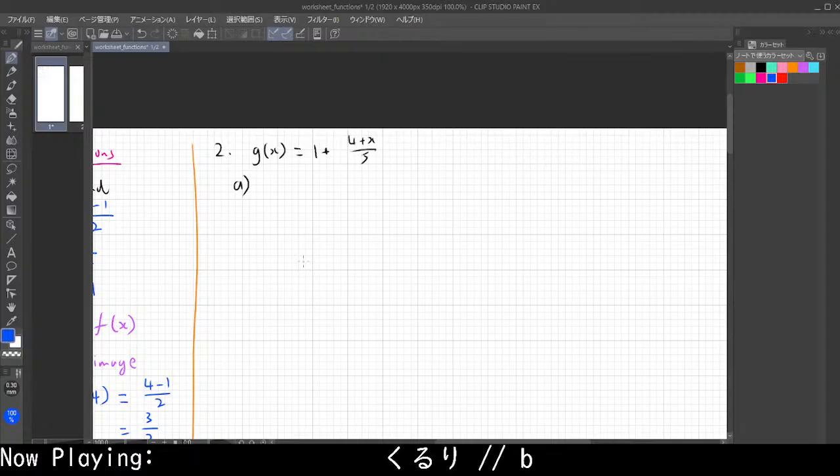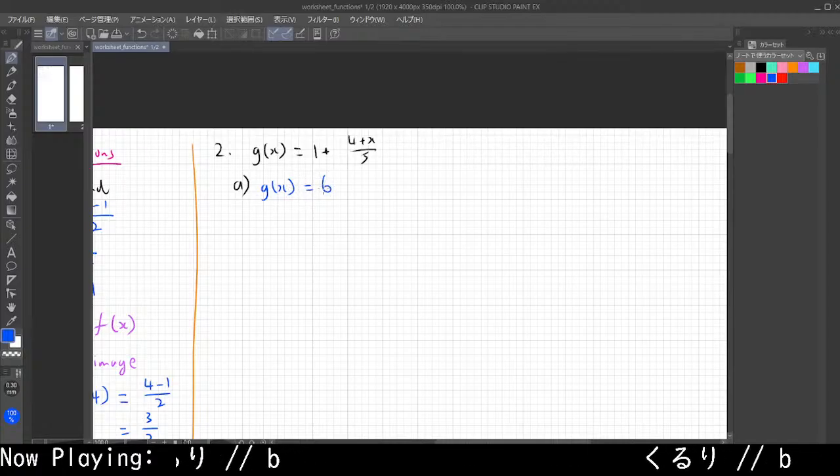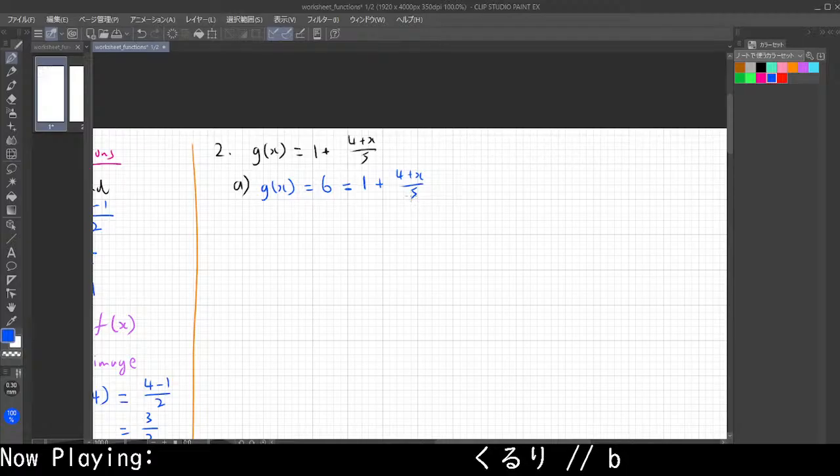Okay. So yeah. Object is your x. Object is your x. 6 in this case would be your g(x). So g(x) will be equal to 6. This will be equal to 1 plus (4 plus x) over 5. You would rearrange it.